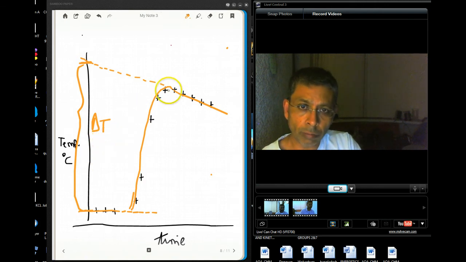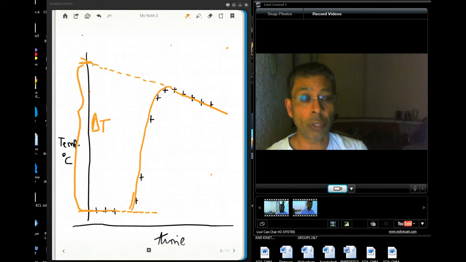Notice over here, that was the maximum temperature rise, before, around about there. That was your 27 degrees. From here to there, that would have been your temperature increase, 27 degrees. But accounting for heat loss, can you see how the extra distance is travelled? And that will give you a better value of Q.